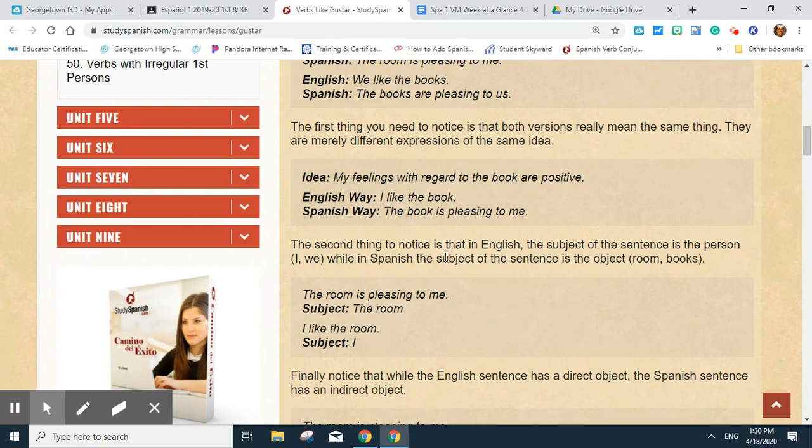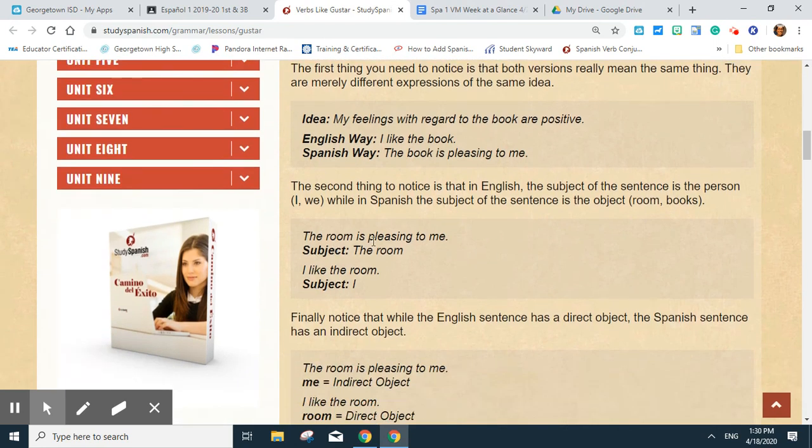The second thing to notice is that in English, the subject of the sentence is the person, I or we, while in Spanish, the subject of the sentence is the other object, the room or the books. For example, the room is pleasing to me. Who's the subject? The room. I like the room. Who's the subject?